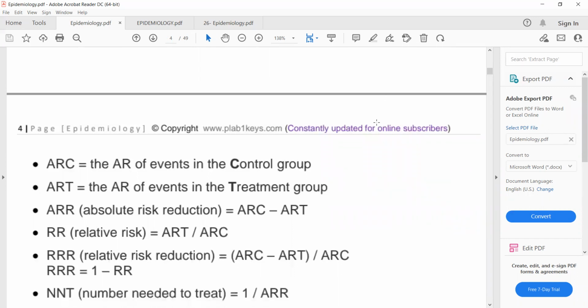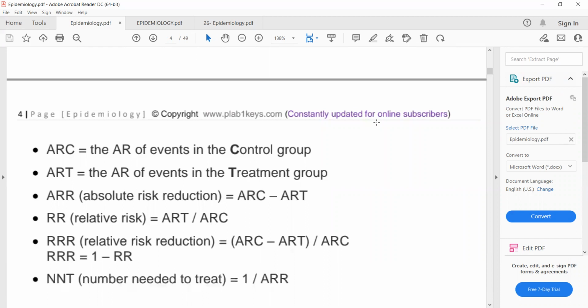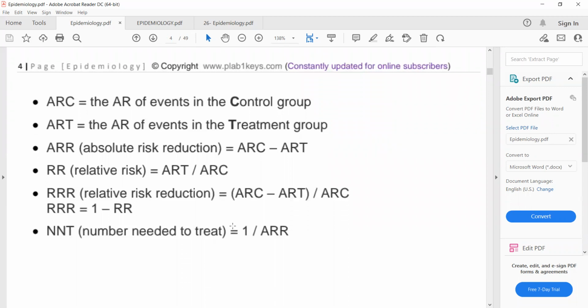Absolute risk in the treatment group, and ARR, or absolute risk reduction, is the absolute risk of the control group minus the absolute risk of the treatment group. And relative risk is the absolute risk of the treatment group divided by the absolute risk of the control group. So you need to memorize these formulas.